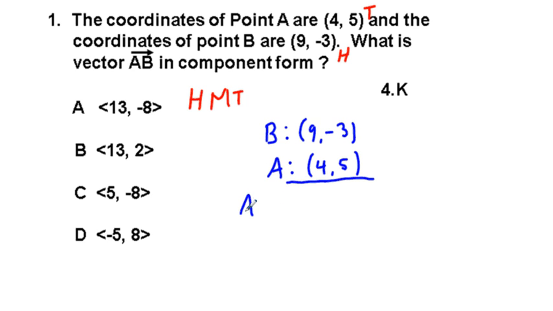So vector AB in component form, we use angular brackets instead of parentheses. What we do is just subtract. So 9 minus 4 is 5, and -3 minus 5 is -8. So our correct answer for this will be C.